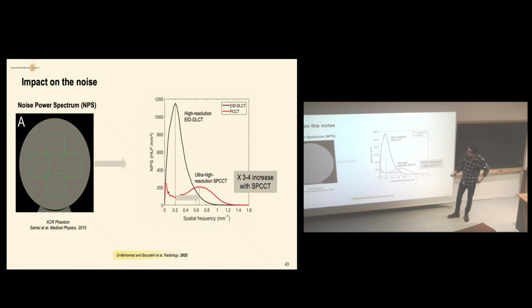And what is interesting in the setup is that we compare for coronary plaque imaging, and this is the noise here, photon counting CT with ultra high resolution parameters, so that means resolution for coronary arteries, small coronary artery disease, in comparison to high resolution with dual energy CT. And what you see here is clearly what we talked about before, a huge important decrease of the noise, and also an important shift of the noise towards a higher frequency. So the impact is real on the noise, on the spatial resolution.